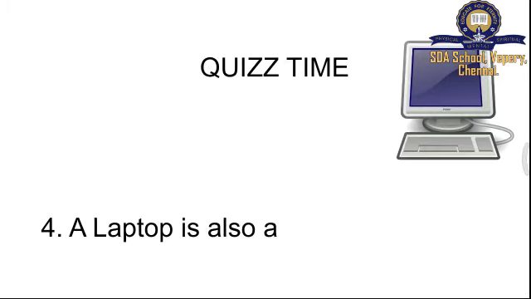Next, a laptop is also a what? A laptop is also a computer. But there is a difference between a desktop and a laptop. A desktop is fixed in one place. You cannot carry your desktop in your pocket or in your school bag, but a laptop can be carried anywhere.